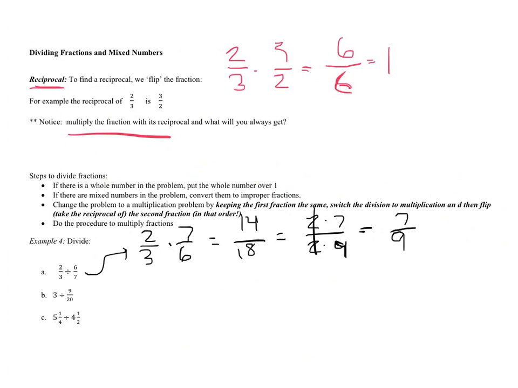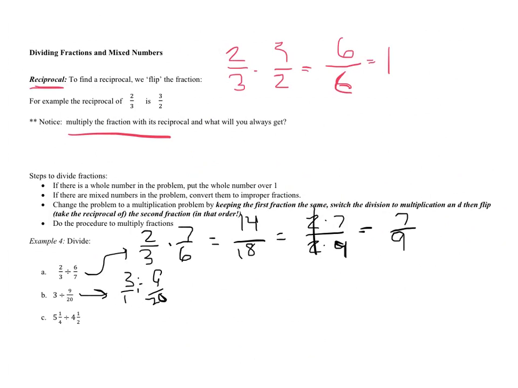The second example, B, we're dividing 3 by 9/20. Now, step 1, if there's a whole number, we're going to put that whole number over 1. We certainly do have a whole number, so our first step is to write that as 3 over 1 divided by 9 over 20.